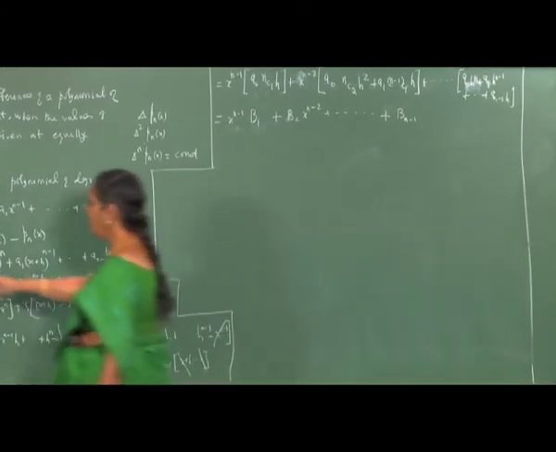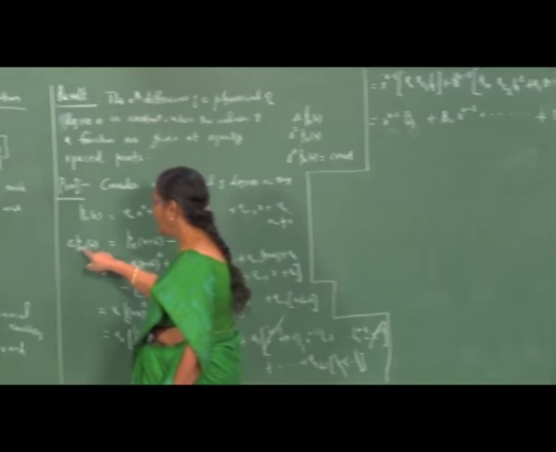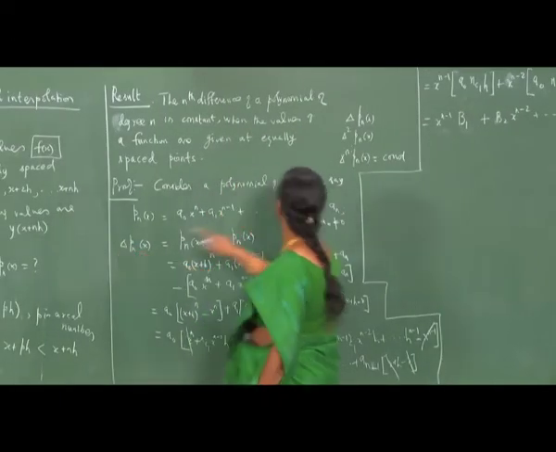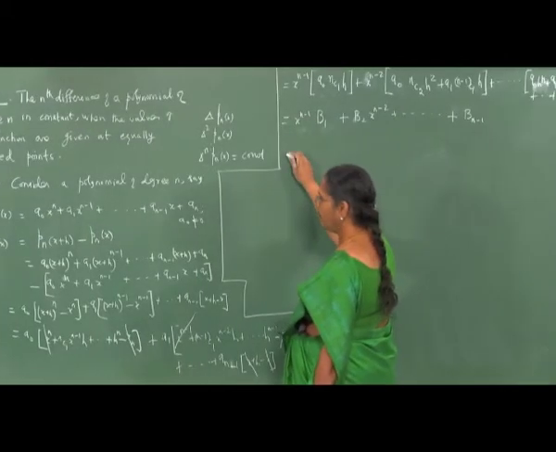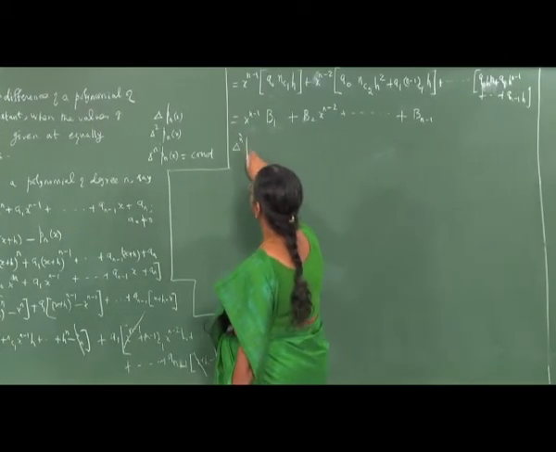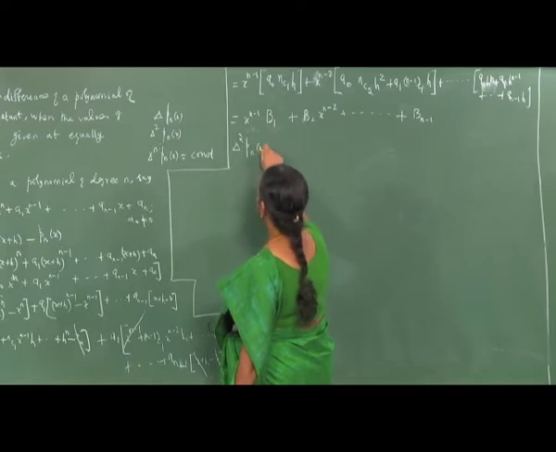So, a polynomial of degree n, when you consider the first order difference, comes out to be a polynomial of degree n minus 1.